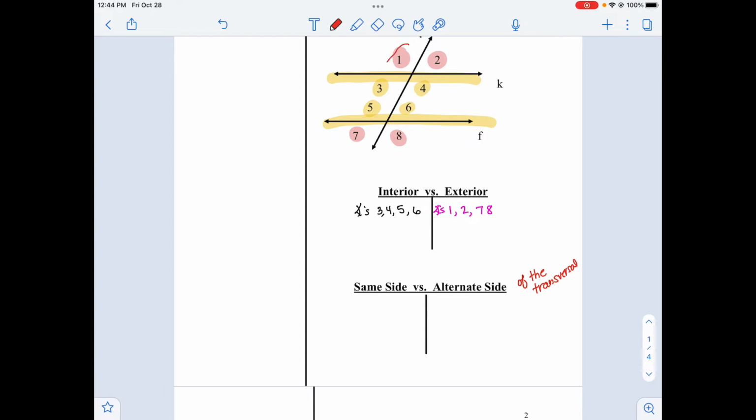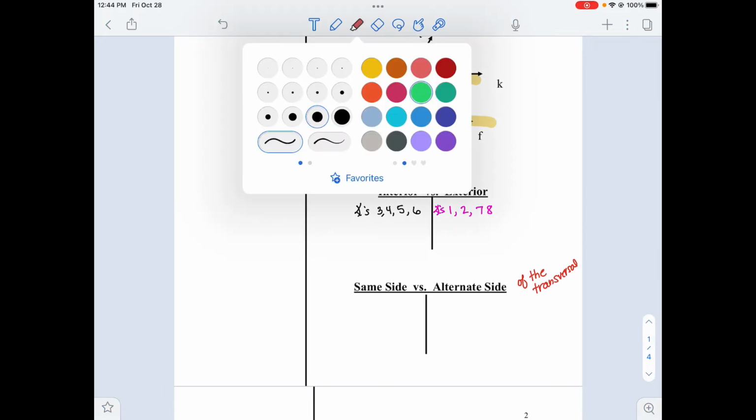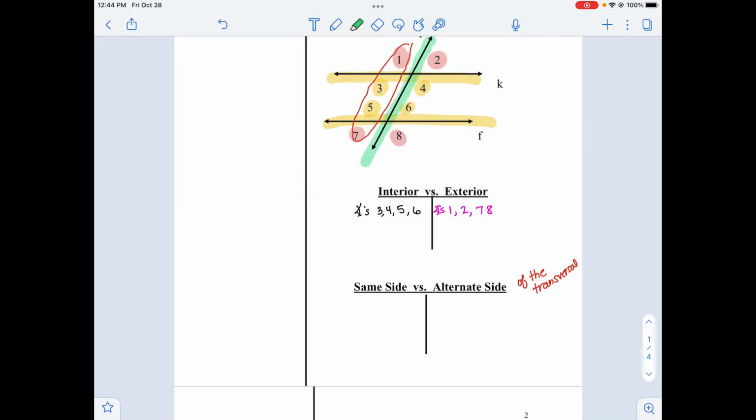If we look on this side here of our transversal, because our transversal is right down the center here, these are on the same side, and then we have another set on this side. They're on the same side. So we actually have two lists. On the same side, we have 1, 3, 5, and 7. And we also have 2, 4, 6, and 8.